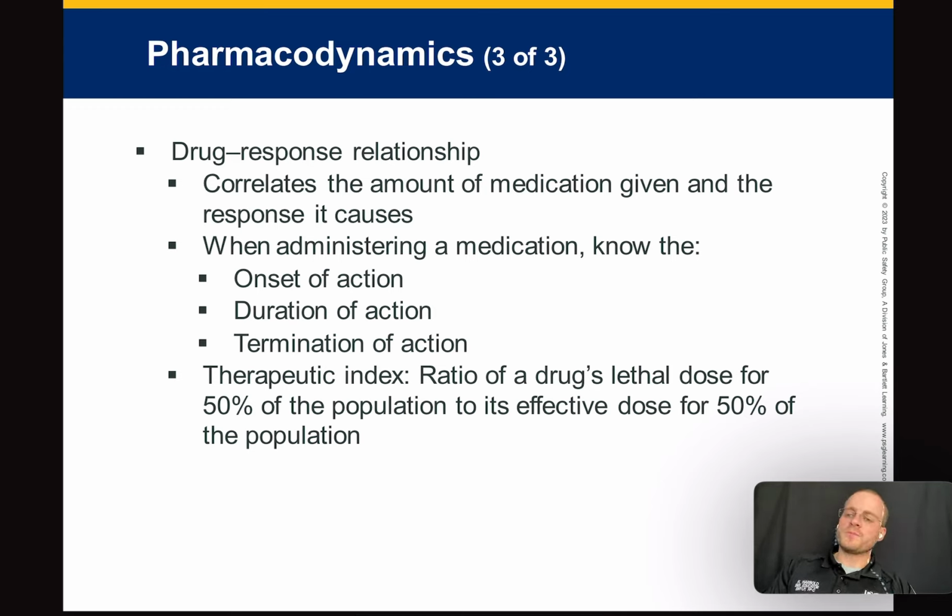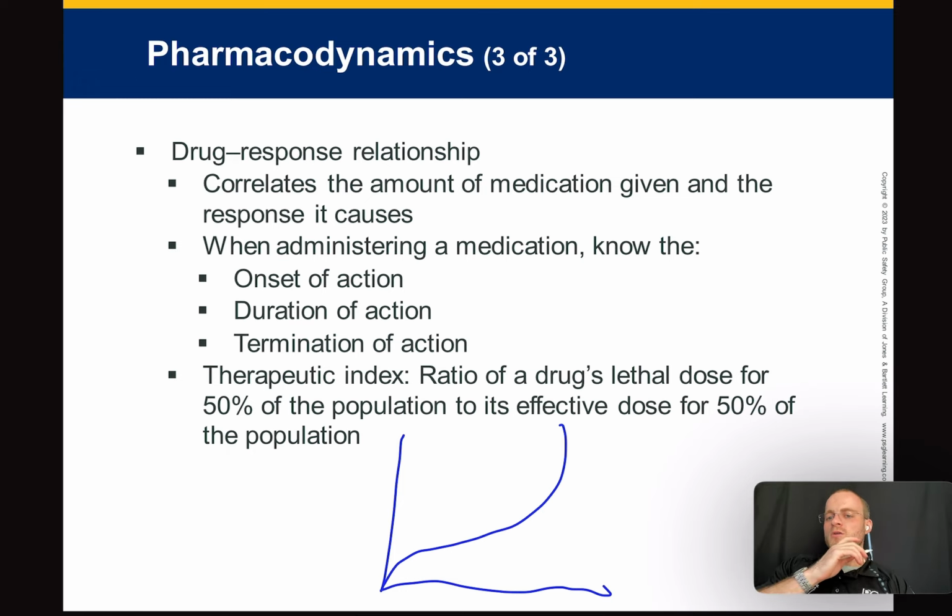Okay? And the therapeutic index, so this is a ratio, this is what I was talking about earlier. This is a ratio of a drug's lethal dose for 50% of the population to its effective dose for 50% of the population. So I'll draw this out for you real quick. I drew it earlier. But so basically, we have a drug.